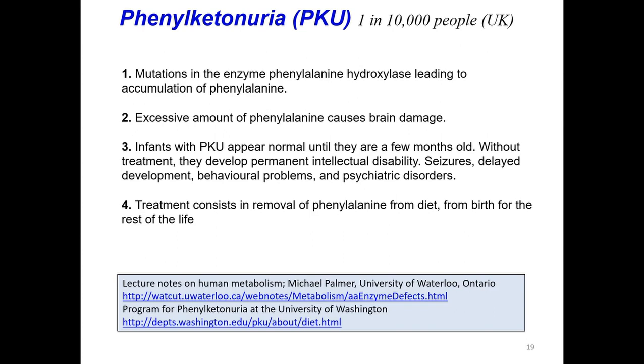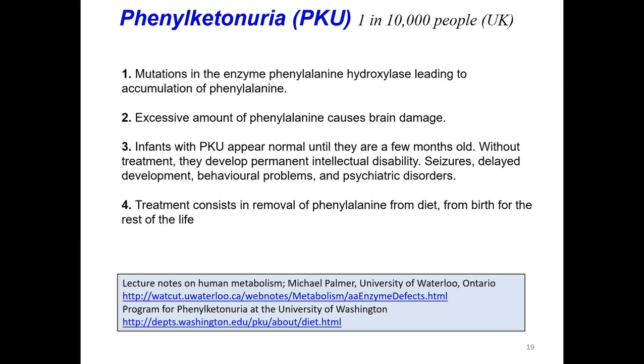And the situation here is very peculiar. So babies with PKU, they're fine at birth, and the problem kicks in within the first few months after birth because the baby, if they're not recognised to be affected by PKU, will be fed on normal milk. And then they'll start to take in phenylalanine with their diet.